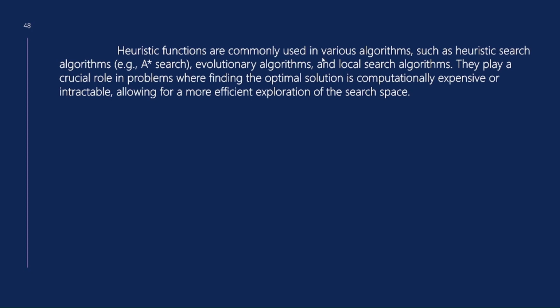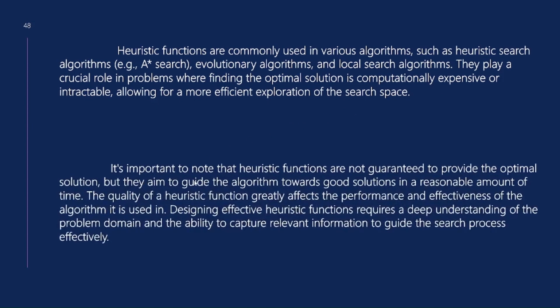They play a crucial role in problems where finding the optimal solution is computationally expensive or intractable, allowing for a more efficient exploration of the search space. It is important to note that heuristic functions are not guaranteed to provide the optimal solution, but they aim to guide the algorithm towards a good solution in a reasonable amount of time.